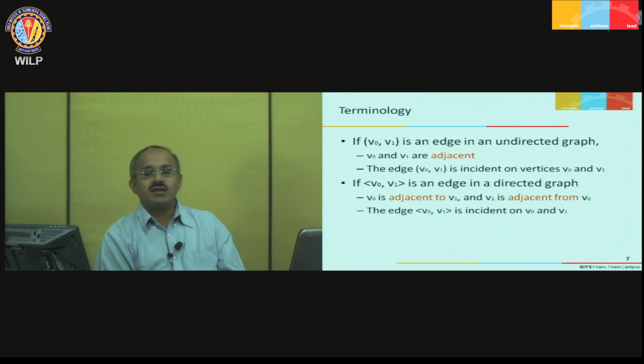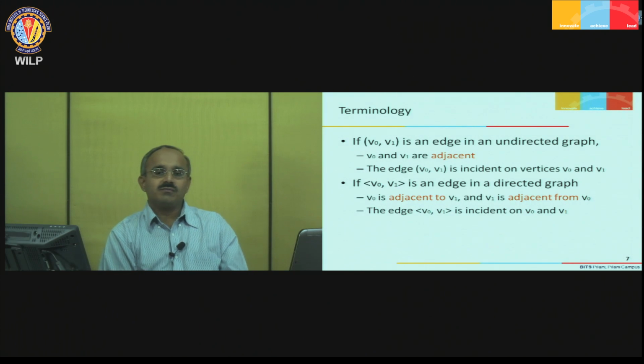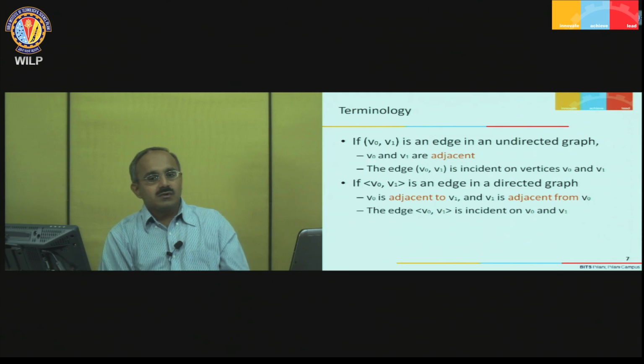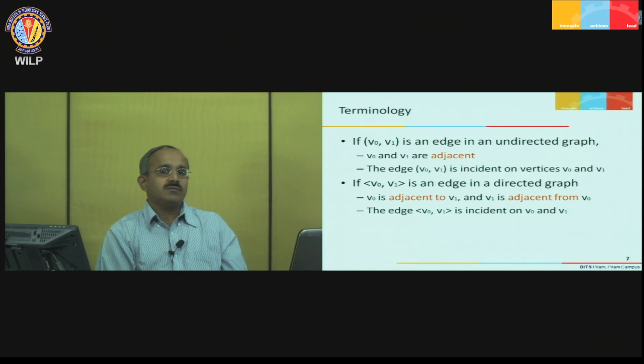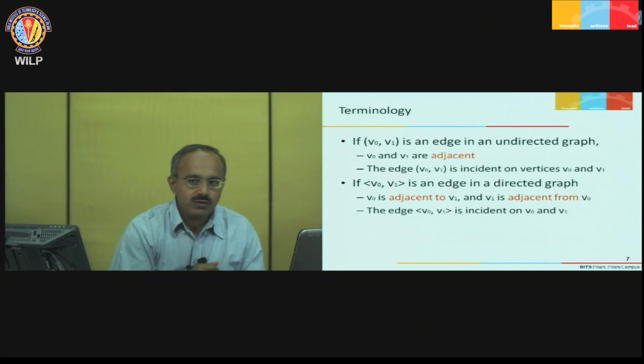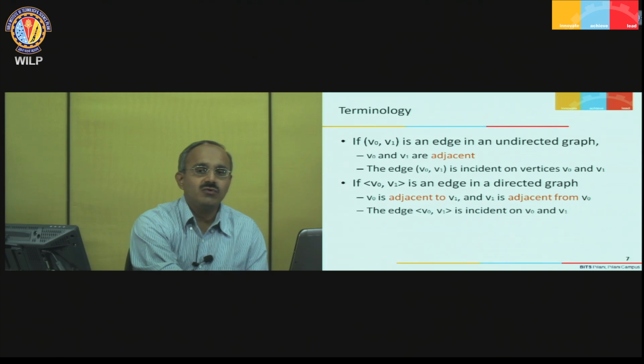So, we do not say Vi is adjacent to V0, whereas in an undirected graph V0 and Vi are both adjacent to each other. We use this adjacency relationship quite often. If one has to travel in a graph, you can only move to a node or vertex which is adjacent to the source vertex. So, adjacency is going to be an important relationship that we are going to use.